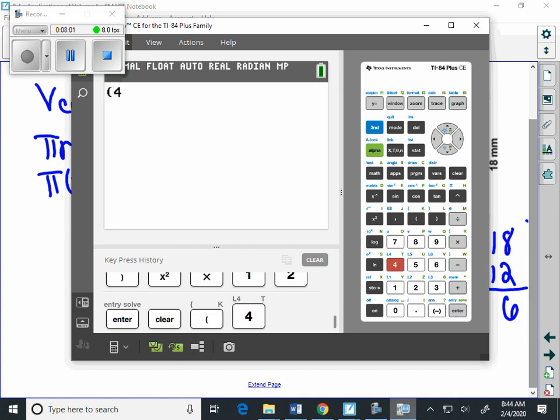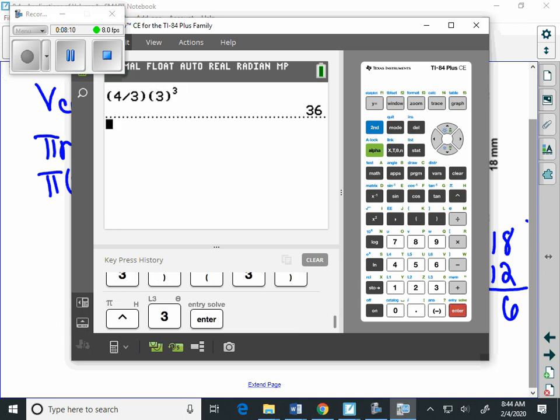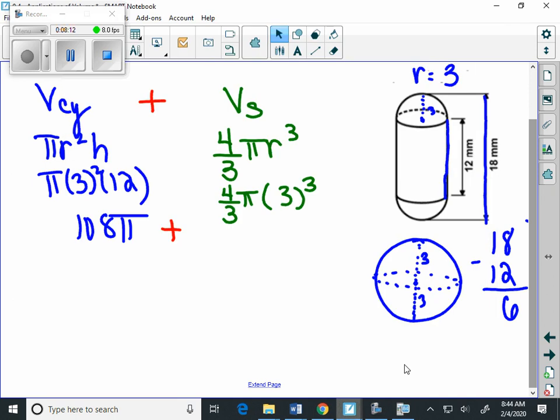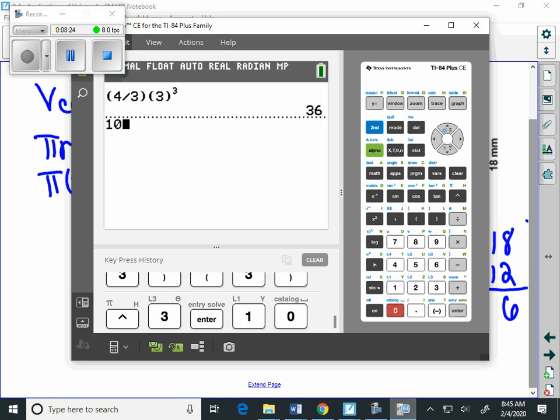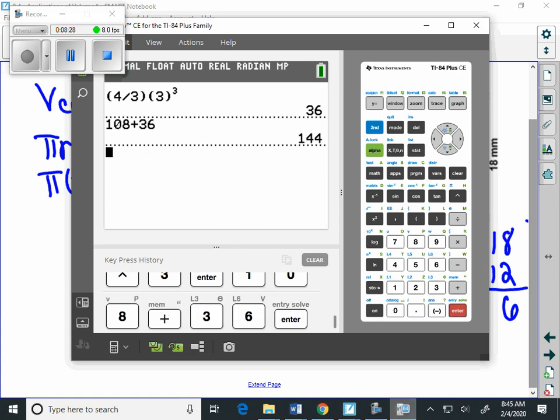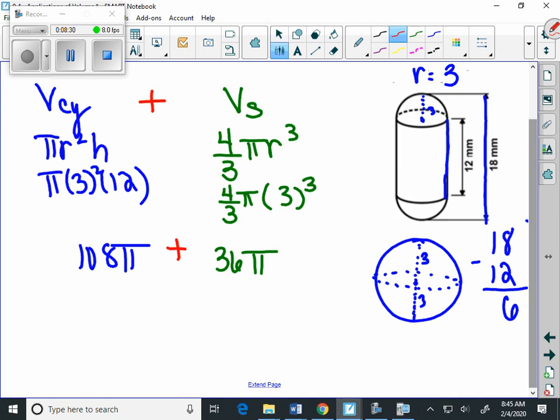But it's going to be 4 divided by 3 times 3 cubed, which gives us 36 pi. And we can add these two together. So we've got 108 plus 36, and that gives us 144 pi.